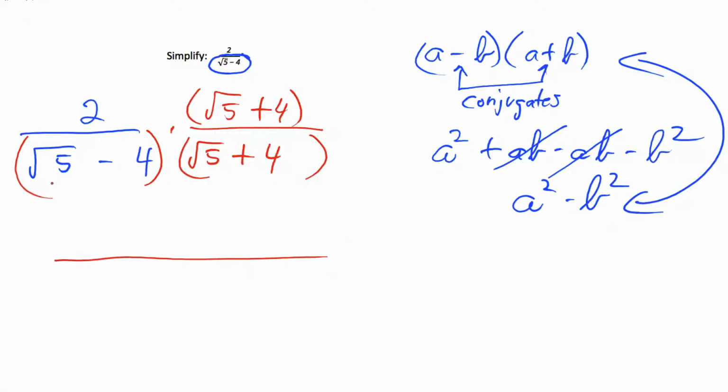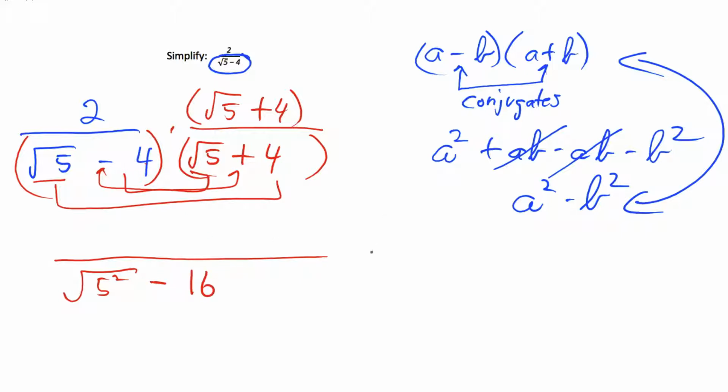Let's do the denominator first. We have conjugates, same terms except opposite signs in the middle. So we're going to have root 5 times root 5, which would be root 5 squared. We know that our outside and our inside terms, when we multiply, will cancel out. And so our last term will be negative 4 times positive 4, which is negative 16. In other words, our denominator becomes the square root of 5 squared, which is 5, minus 16.